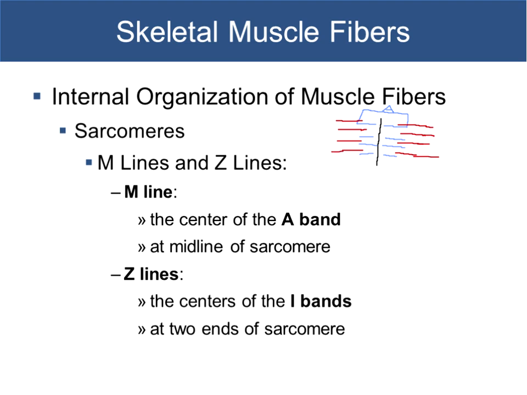And then at the end of my thin filaments, these red ones that we're drawing here, and I'll just turn this back black, we have our Z lines. And from Z line to Z line is a sarcomere. So this is a unit of a contractile unit called a sarcomere.